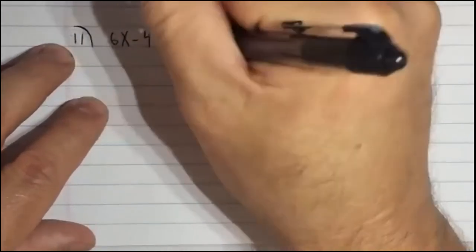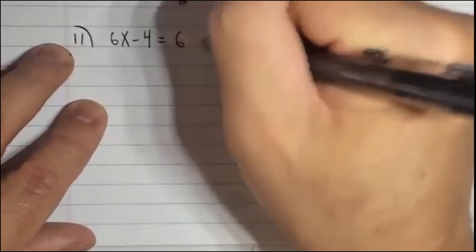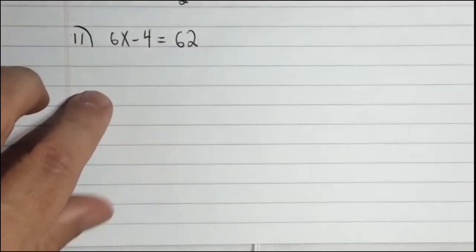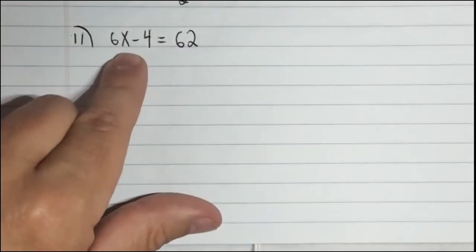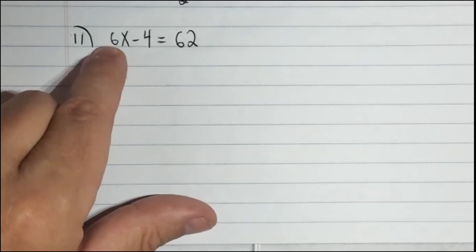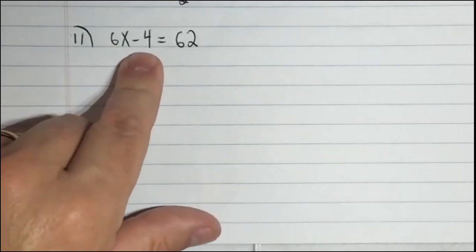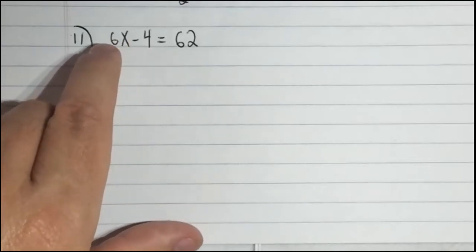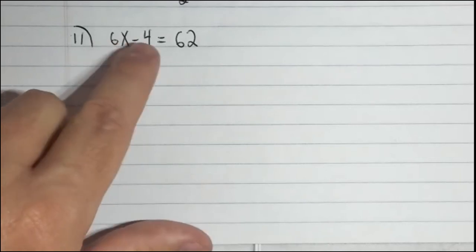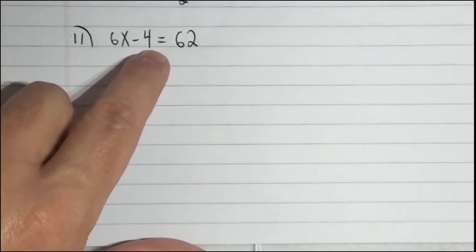I want to show you some double step algebra equations here. And by double step, I mean it's going to require 2 steps to solve them. All right, so in order to get this x by itself, not only do I have to get rid of that 6, I've got to get rid of that negative 4. And what you always want to do is get rid of your constants first, okay?